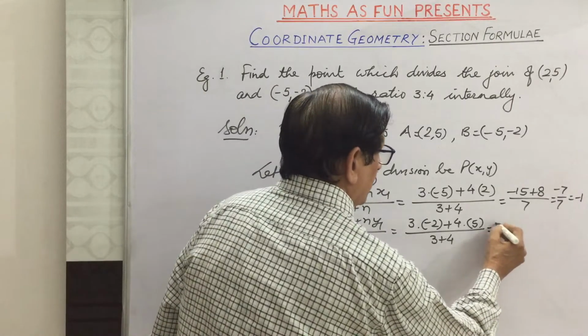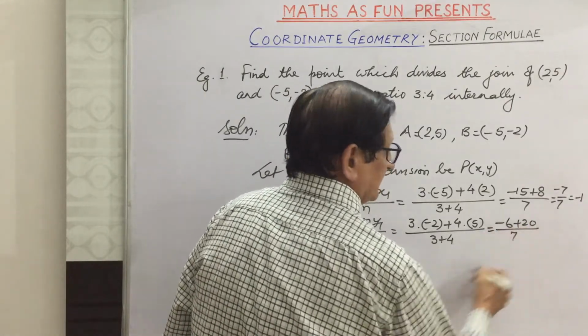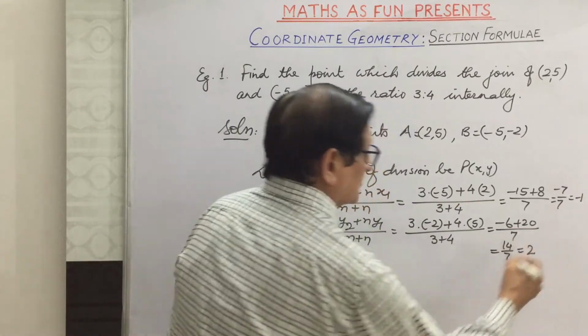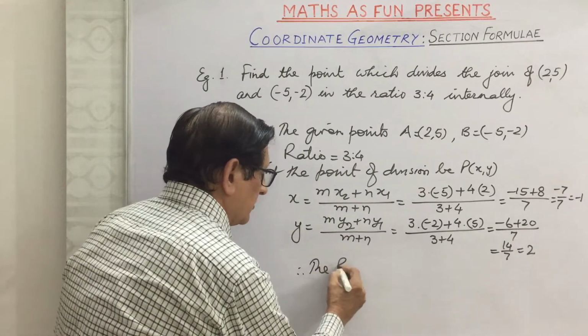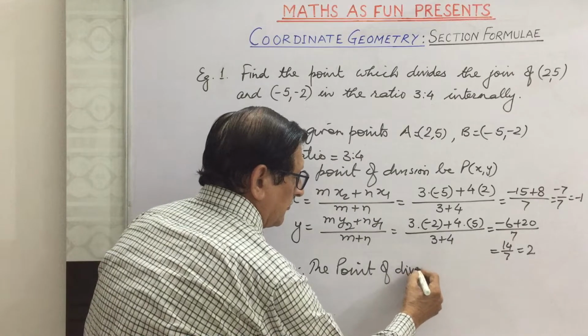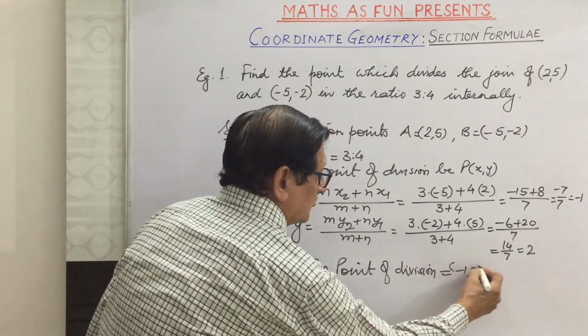Simplifying this, we get -6 plus 20 upon 7, which is 14 upon 7, it is 2. It means we get the point of division, that is equal to (-1, 2).